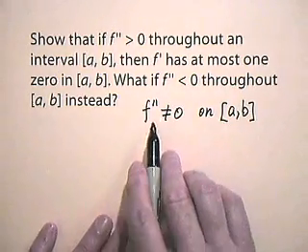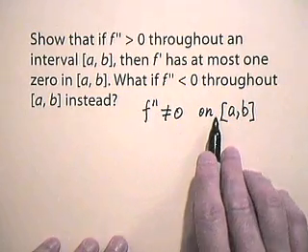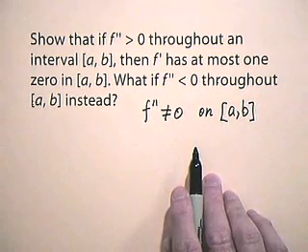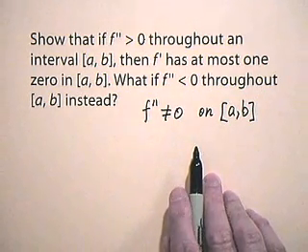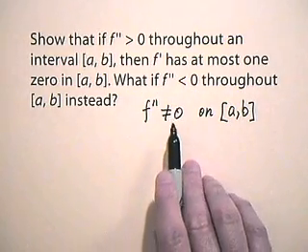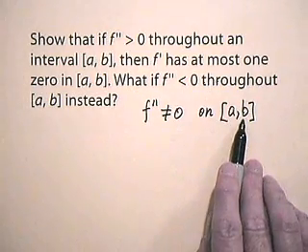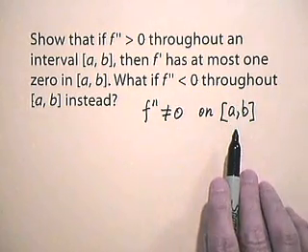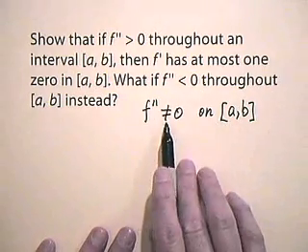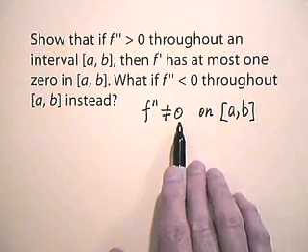Notice if f double prime is not equal to 0 on the whole closed interval [a, b], you might remember there's a theorem called Darboux's theorem which says any derivative has to have the intermediate value property. So if f double prime were negative somewhere on this interval and positive somewhere else on this interval, then Darboux's theorem would tell us, in fact, it was 0 at some point in that interval, which would violate the assumption.